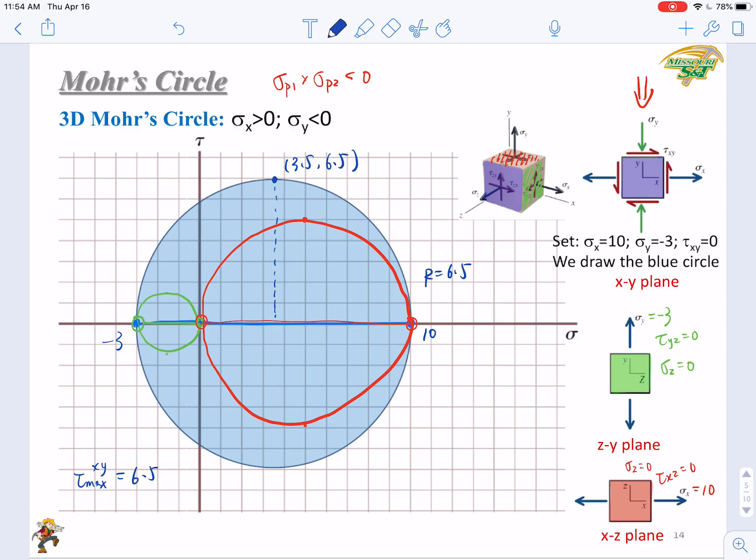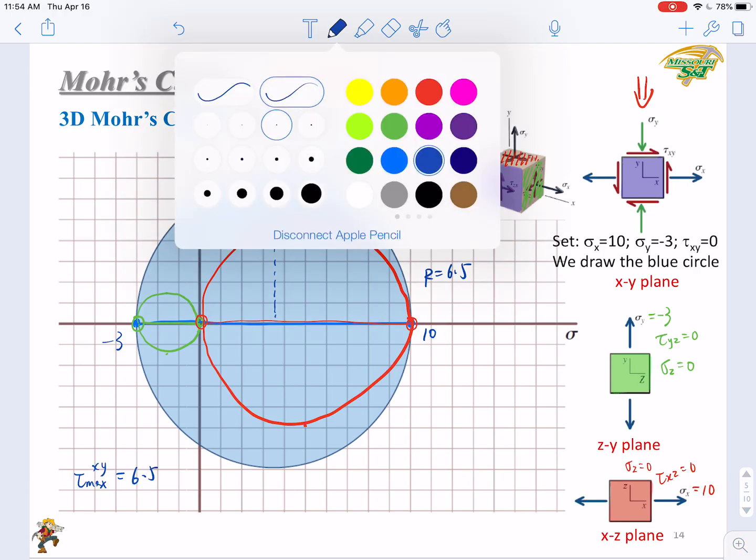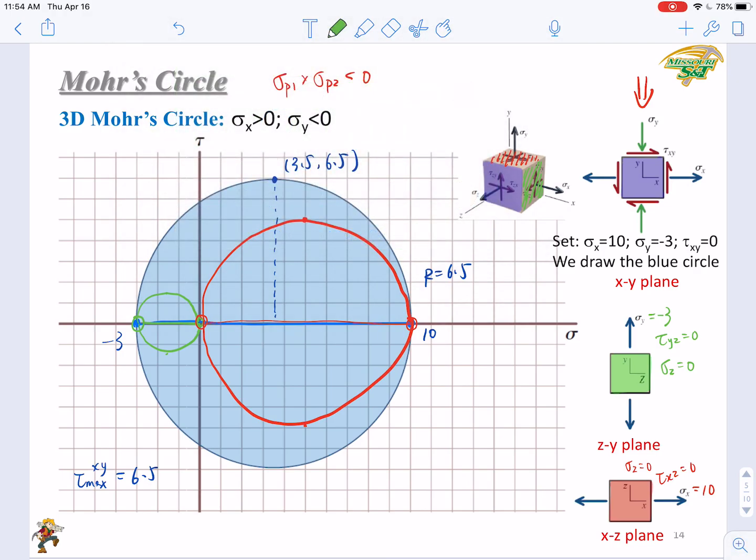And how about the YZ plane? On the YZ plane, you have 0, 3. So here you will have -1.5, 1.5. So the tau max on the YZ plane will be 1.5.